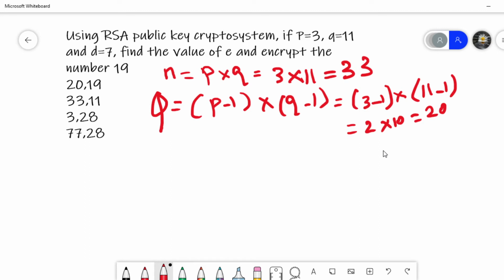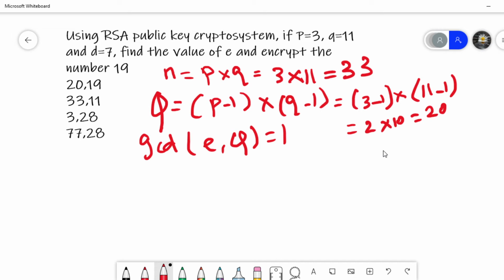Here they are given the D value. Then they are asking the E value. So for calculating the E value, it should satisfy the condition that the GCD of E comma pi is equal to 1.